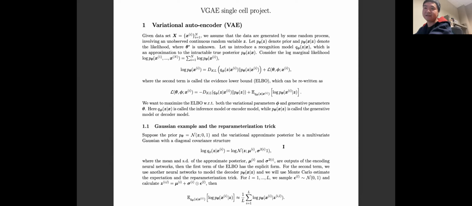We cannot get it, so we are studying the lower bound of this. After we train the variational autoencoder, we still don't know the form of p theta x. We propose some form, but we don't know the exact form. So can we say we know p theta of x, or we don't?